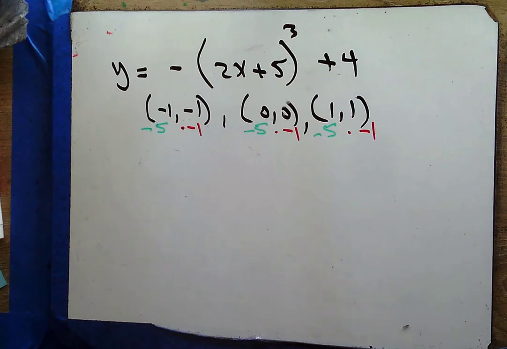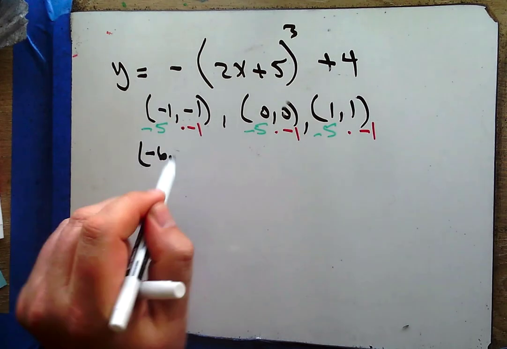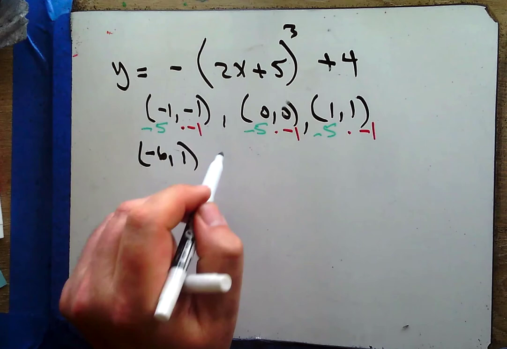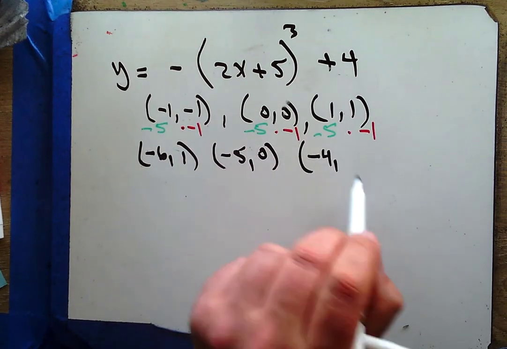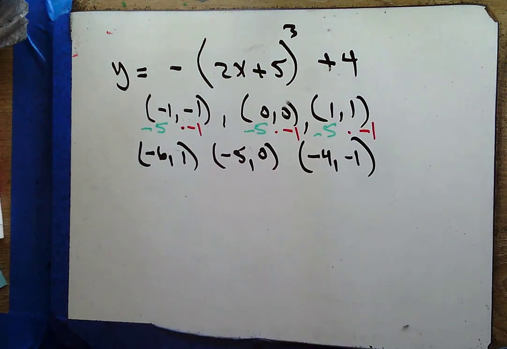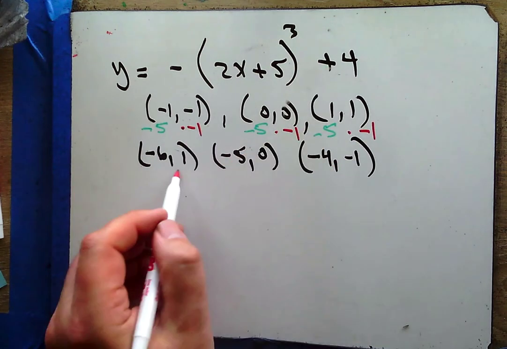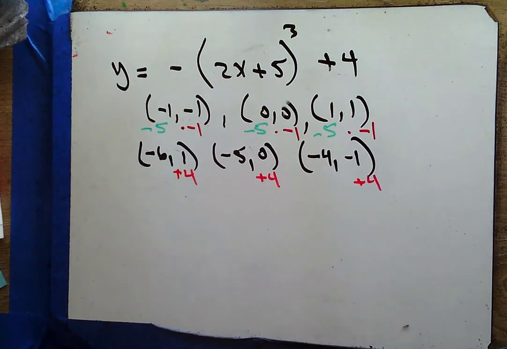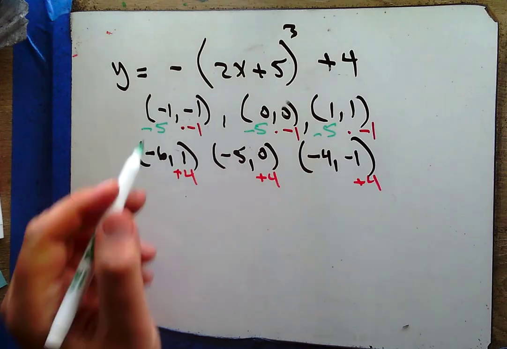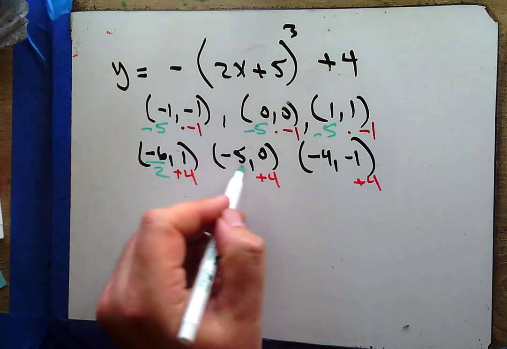So my transition points would be -6, 1, -5, 0, -4, -1. And then I'm going to come back for another round of transformations. I'm going to add 4 to all the y's. And I'm going to divide all the x's by 2.